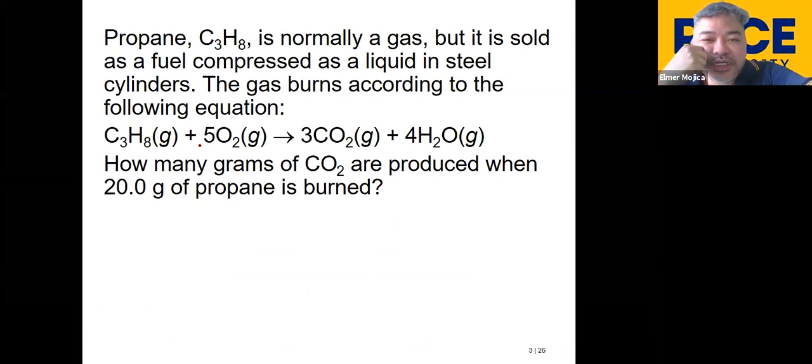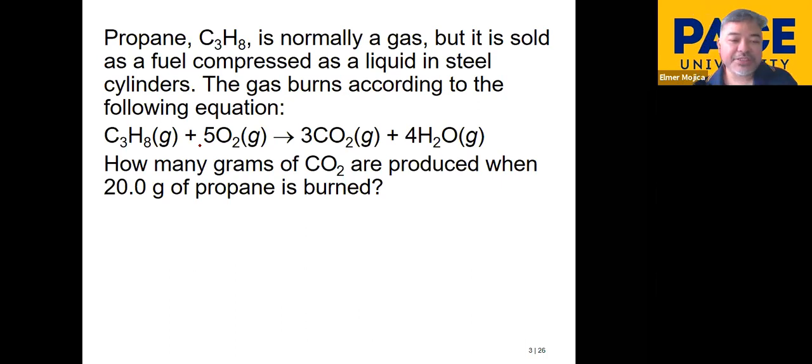you're given propane, and it says here, the gas burns according to the following equation. Propane reacting with 5 moles of oxygen, producing 3 moles of carbon dioxide and 4 moles of water. Now you are asked how many grams of CO2 are produced when 20 grams of propane is burned. So what does it mean?